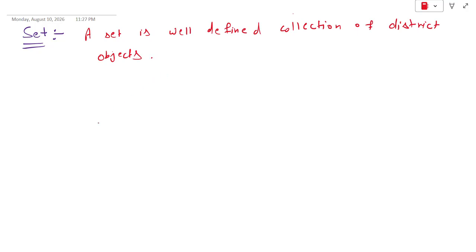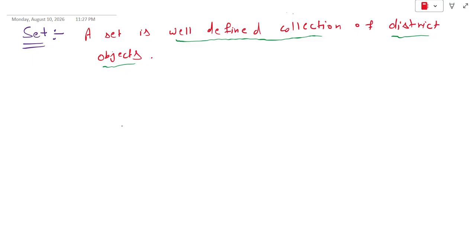So there are three important words in this definition. First is well defined collection. Second is distinct. Third is objects.